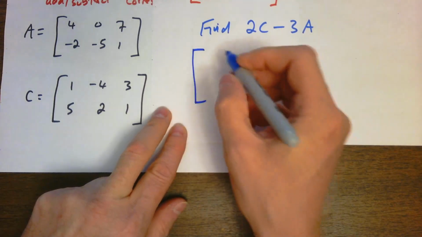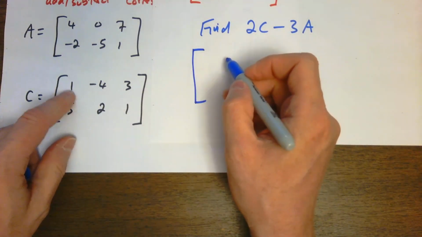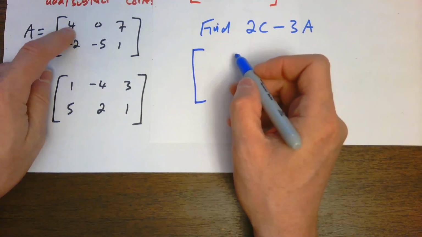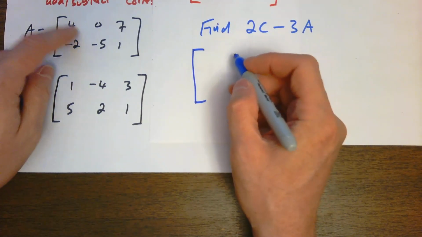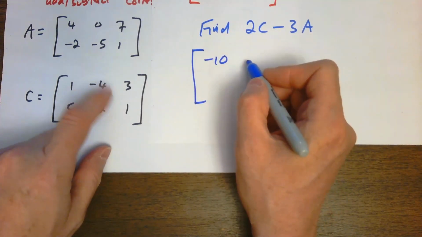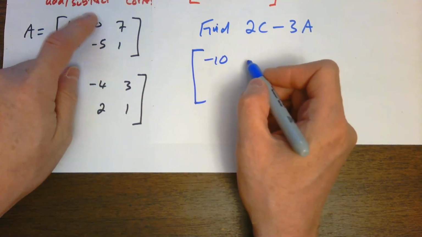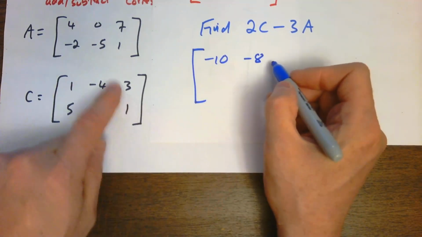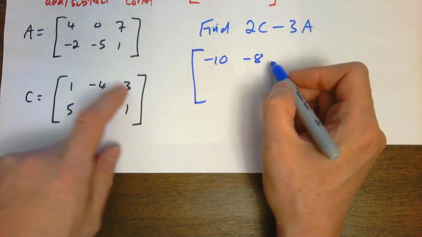Here's my resulting matrix. 2 times C is 2, minus 3 times 4 is 12. 2 minus 12 is -10. 2 minus -4 is -8. -3 times 0 is 0. -8 minus 0 is -8. 2 times 3 is 6.